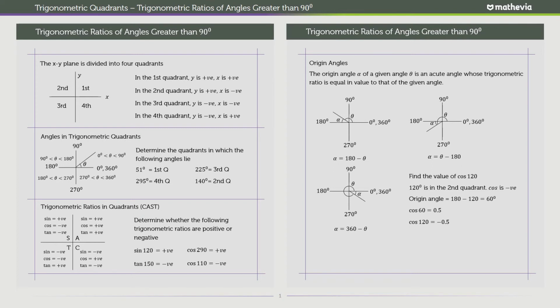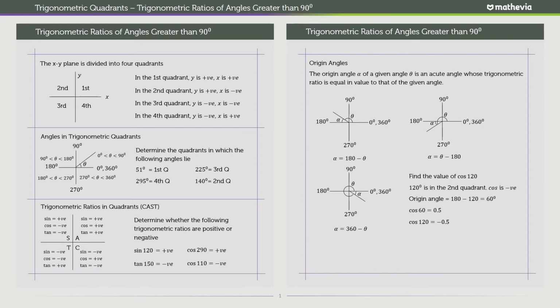So alpha equals theta minus 180. And then finally for the fourth quadrant, you have this very big angle here, a reflex angle, and we're looking to find our origin angle, which is this angle here, and it's basically just 360 minus theta.